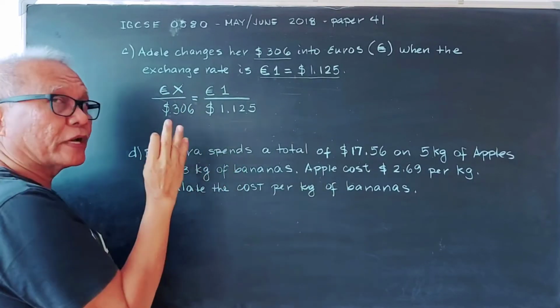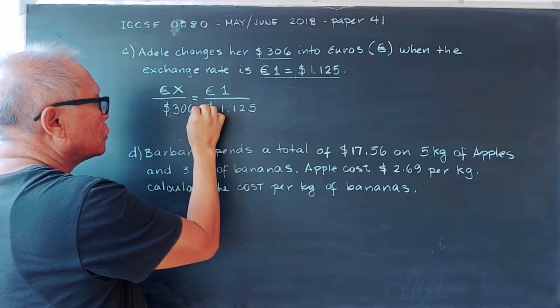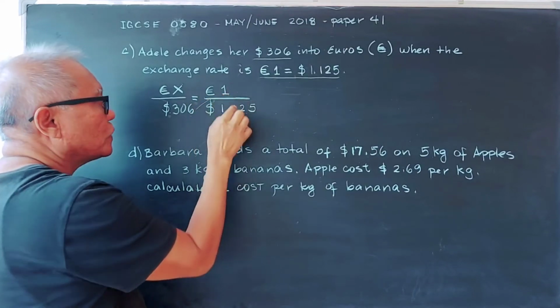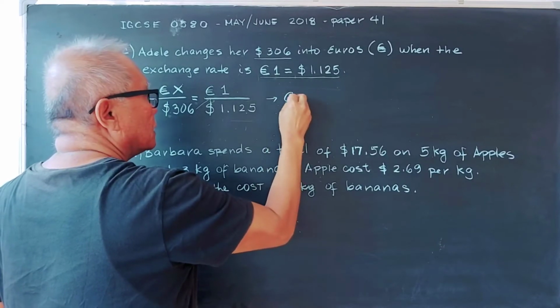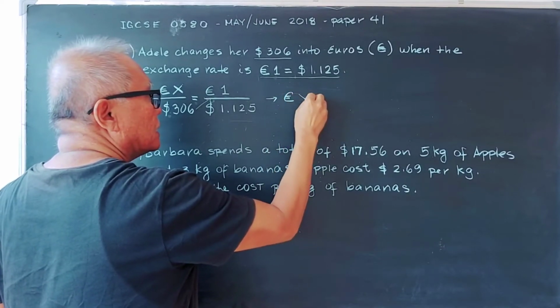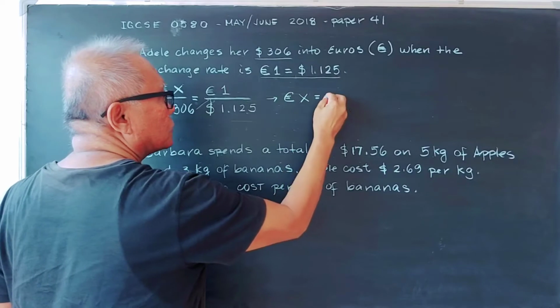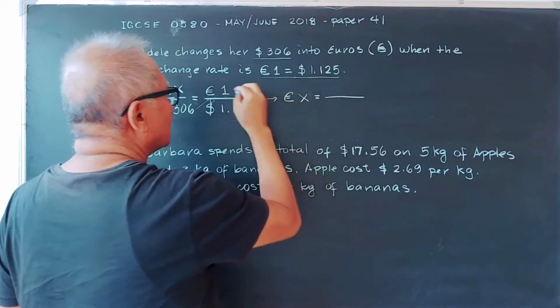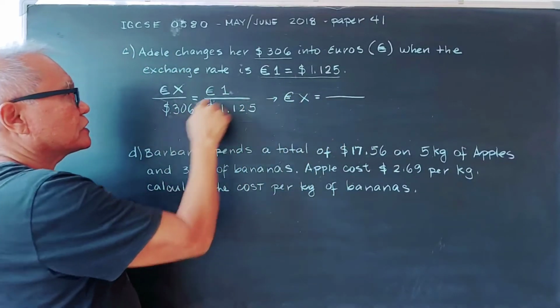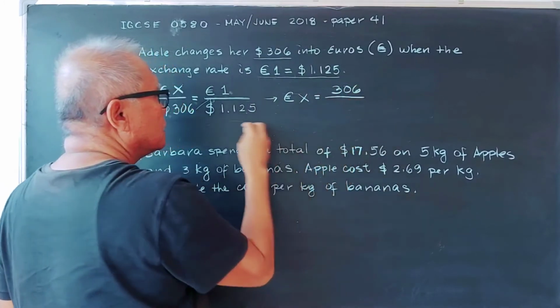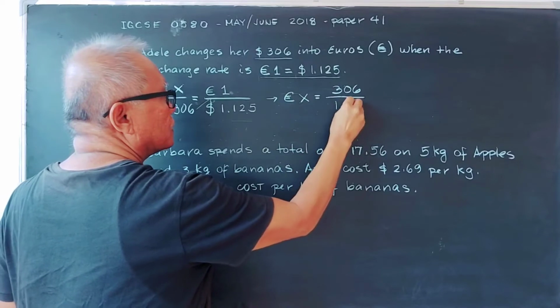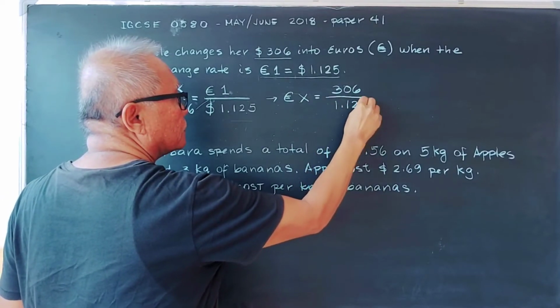Now by cross multiplication, we multiply 306 by 1, and we have the euro now, which is x, equal to 1 times 306 is 306, over 1.125.